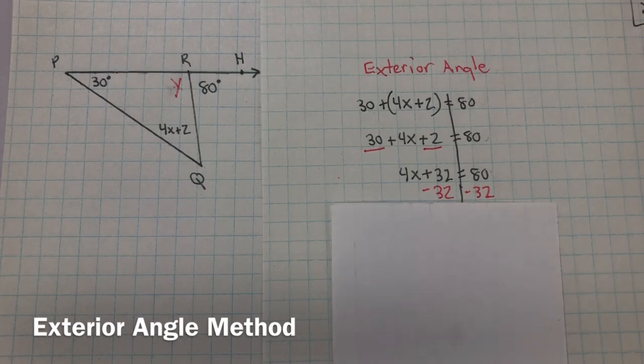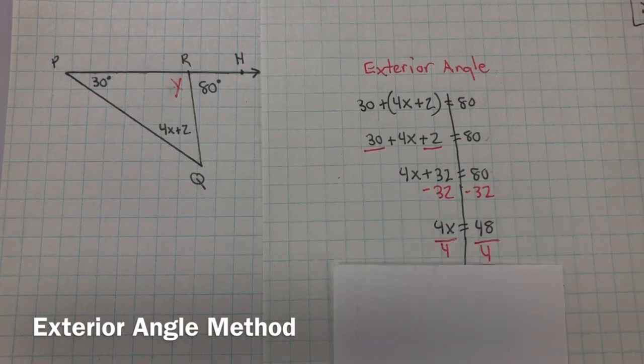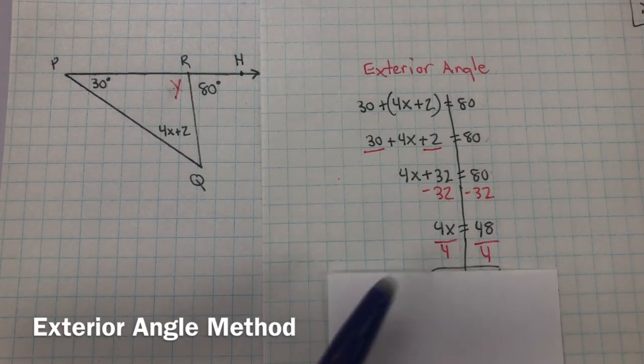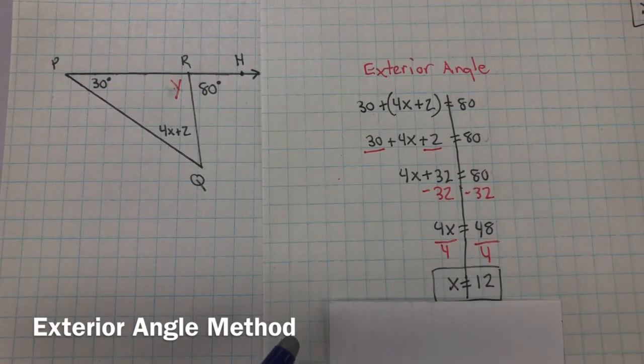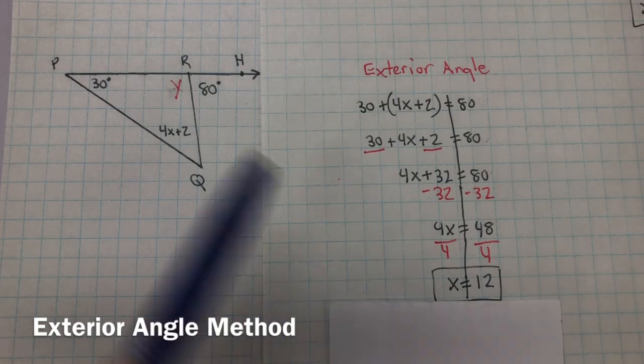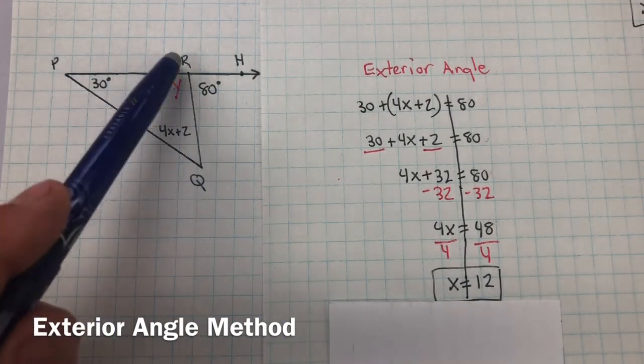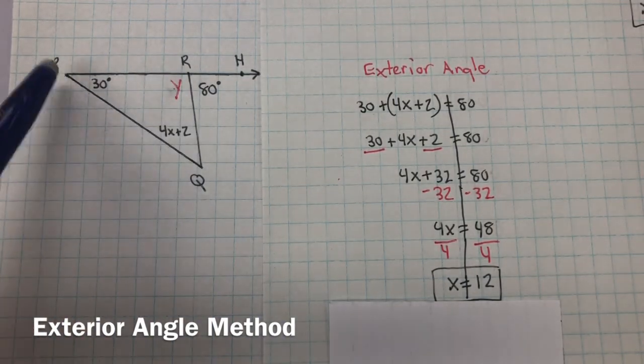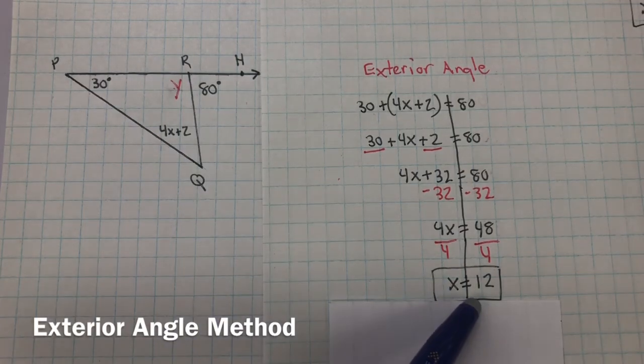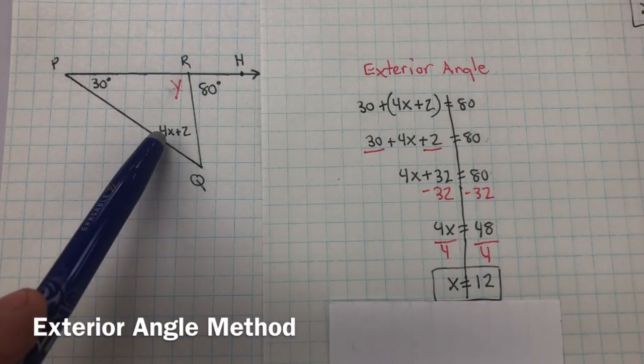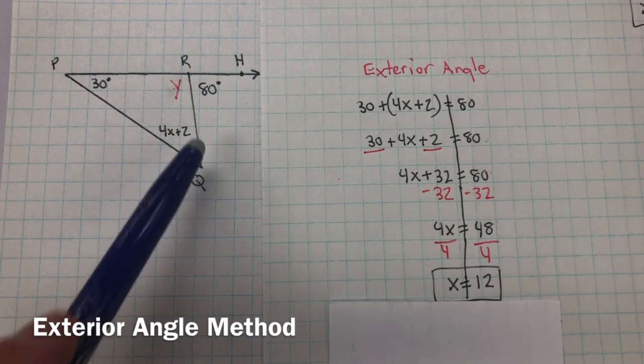We subtract 32 from both sides. And we get 4x equals 48. Divide both sides by 4, and you get x equals 12. And again, if you needed to find the measure of angle PQR, substitute x with the value of 12. 4 times 12 is 48, plus 2 is 50.